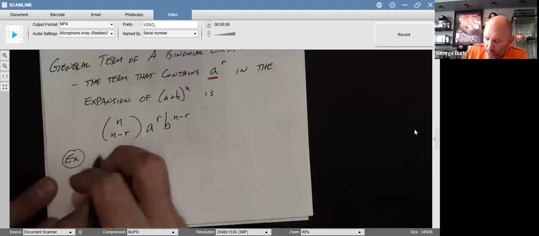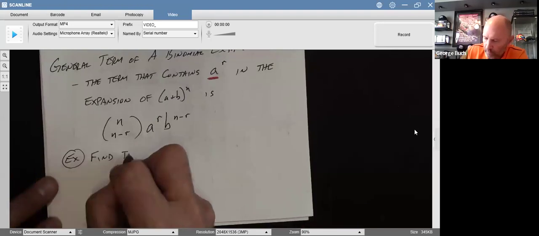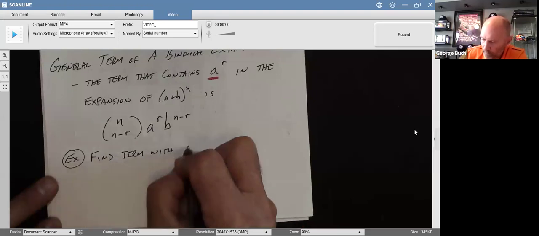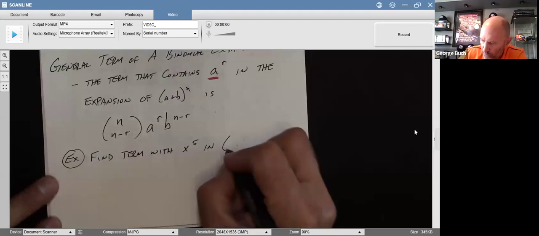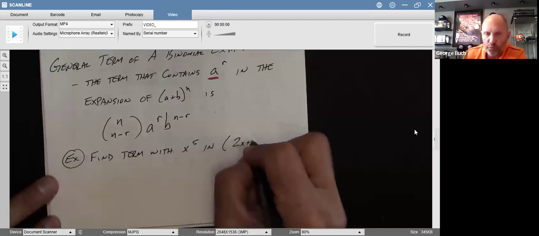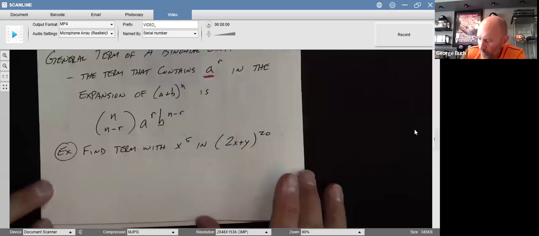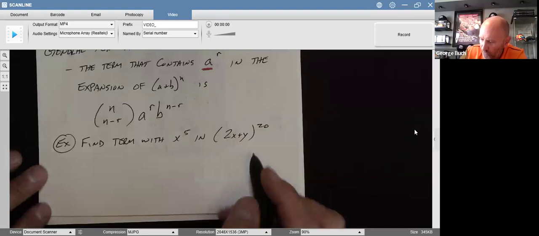Let's say we want the term, so find the term with x to the 5th power in the expansion of 2x plus y to the 20th power. All right, so we need to figure out some things here. What's my n? Well, in this case, n is 20.